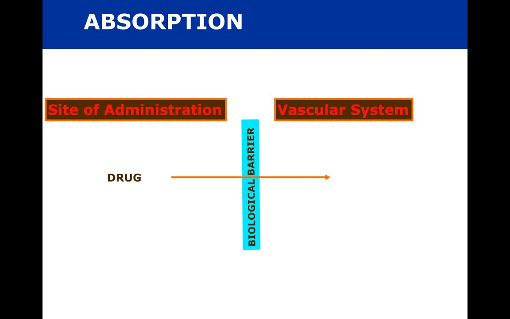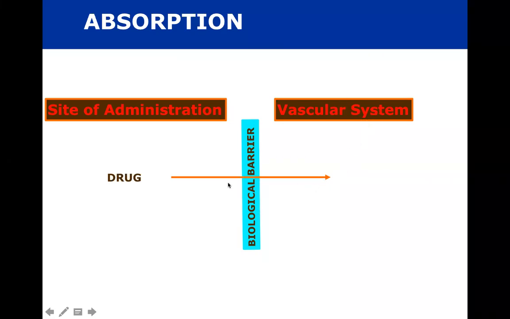For example, if we administer the drug by IV route, there will be no biological barrier at all. But if we administer the drug by, for example, intramuscular route, there is a single biological barrier, which is the endothelium of the vessels, endothelial cells. After the entrance through these cells, the drug reaches the vascular system.